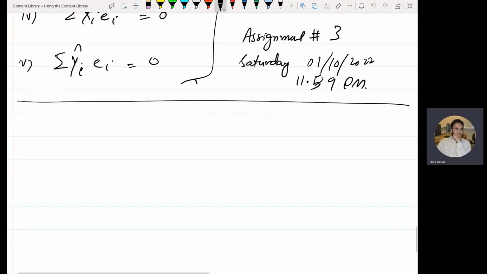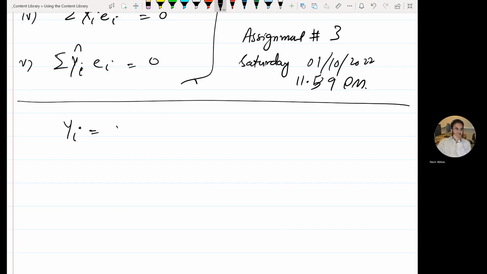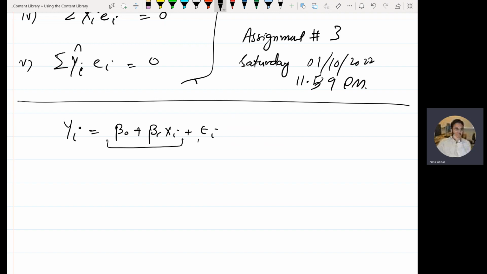Now we're talking about this model. If you look at the right side of the model, there are 2 components: one is your regression, and one is your error. The total variation in y is denoted by SYY, which is basically the variance in y, ignoring the n-1 term.